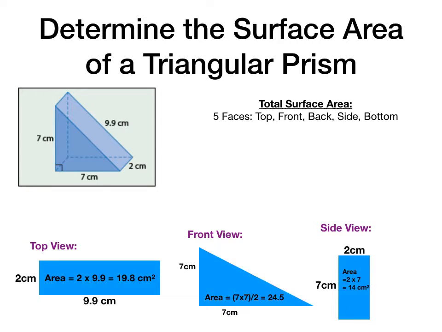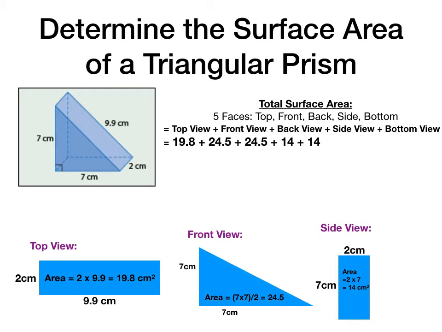The side is 7 by 2 and the bottom is also 7 by 2. So to find the total surface area, we add the areas of all 5 faces together. We only have one top view, a front view and a back view that are the same, and a side view and a bottom view that are the same.